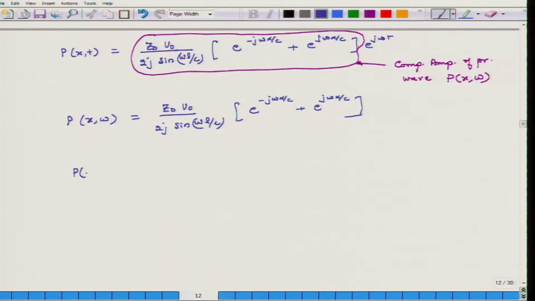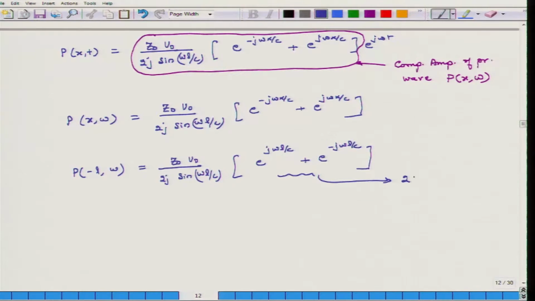So, P at minus L omega is equal to Z naught u naught divided by 2j sin omega L over C, and here I put x is equal to minus L. So, I get e to the j omega L over C plus e to the minus j omega L over C, and this thing equals 2 cosine omega L over C. So, I get Z naught u naught over 2j sin omega L over C cosine omega L over C times 2.